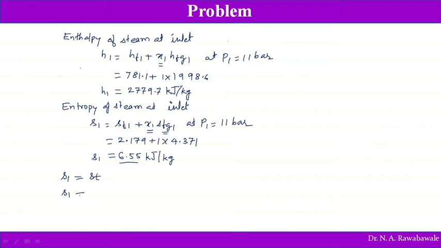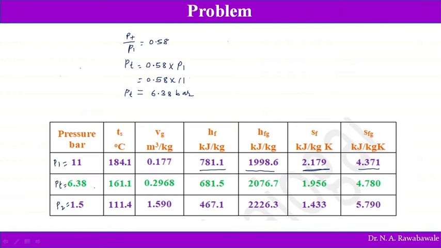So the formula to find out entropy at throat is SFT plus XT into SFGT. So this is taken at pressure P, P is equal to 6.38 bar. This pressure at throat is 6.38 bar that we have calculated.